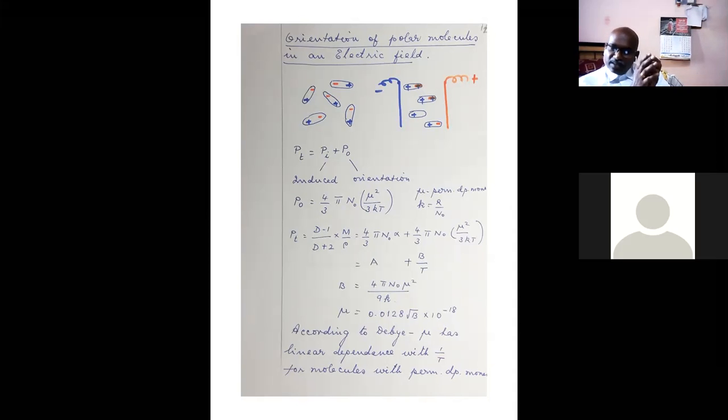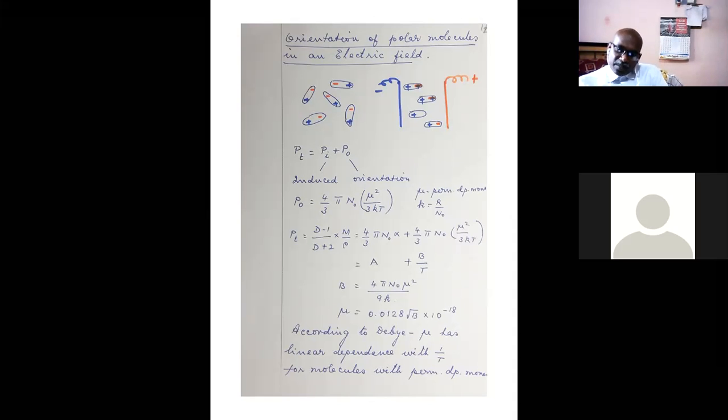Now I am keeping the molecules which are already having permanent dipole moment. What will happen to the substance which already has the permanent dipole moment when it is subjected to an electric field? That is our next discussion.